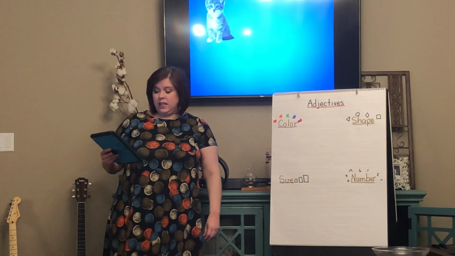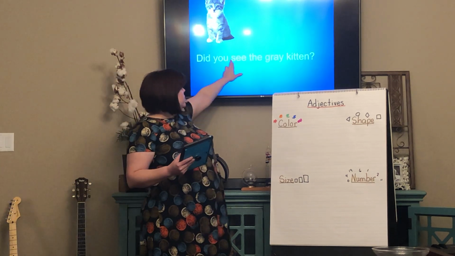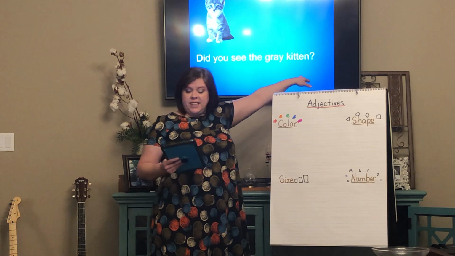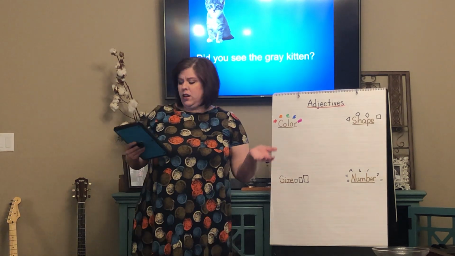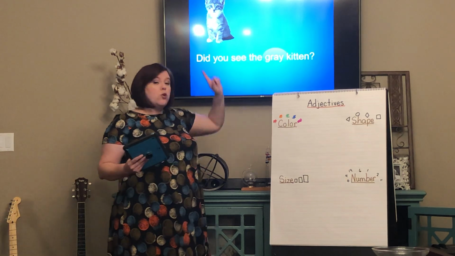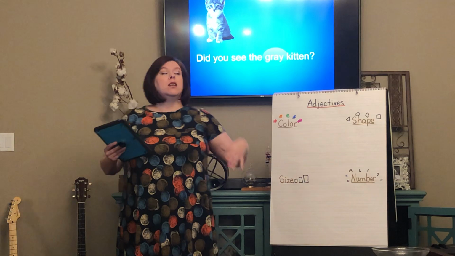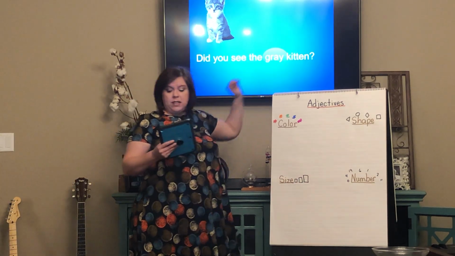Oh my goodness, look at that kitten. Let's look at this. Did you see the gray kitten? Boys and girls, what color is the kitten? That's right, gray. So color words can be adjectives because they're describing the nouns. They're telling us more about this kitten.